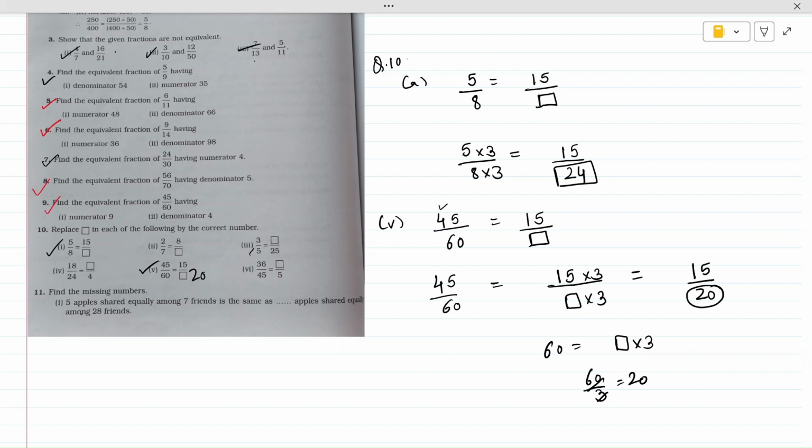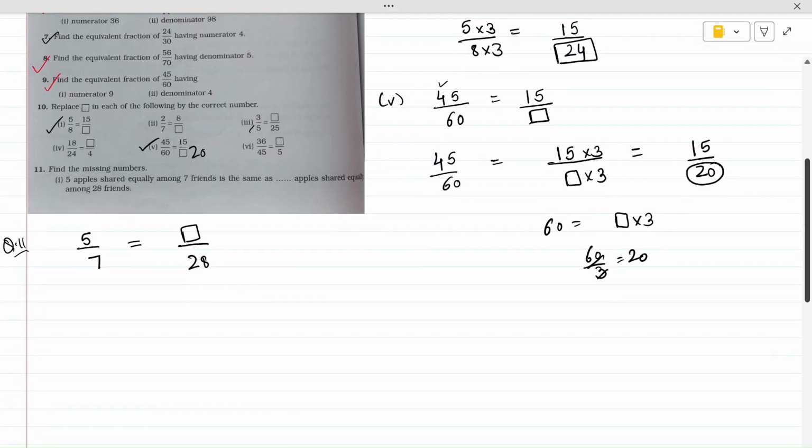Okay. Next is find the missing numbers. Question number 11. 5 apples shared equally among 7 friends is same as dash apples shared equally among 28 friends. Same thing we have to do. We know we have 28 in the denominator, right?